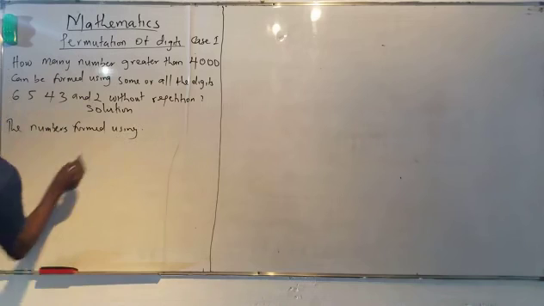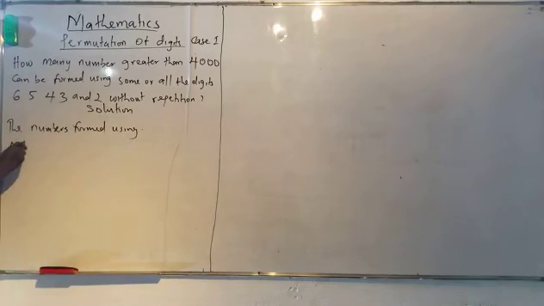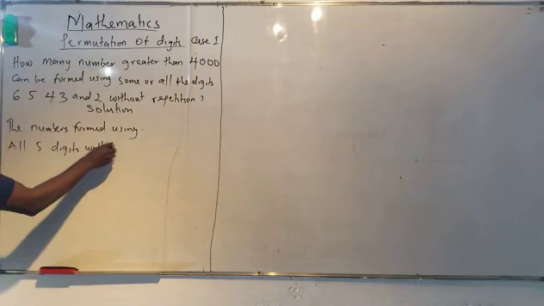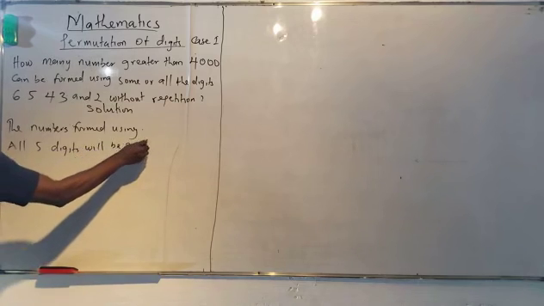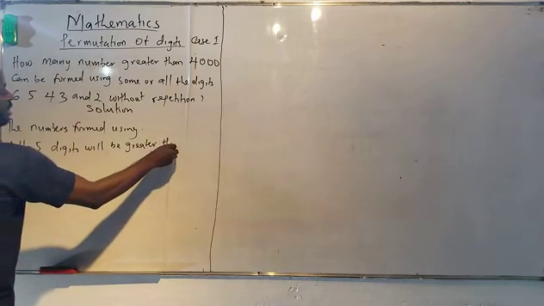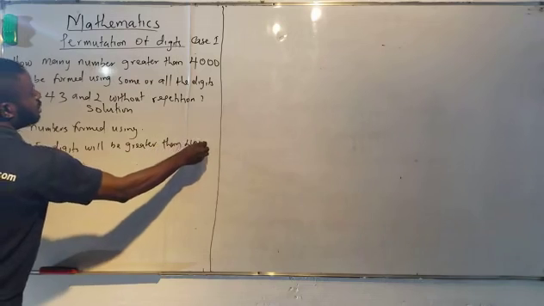Using all 5 digits, the numbers will be greater than 4,000. Take note of that.